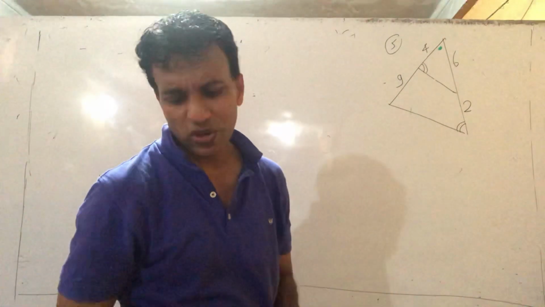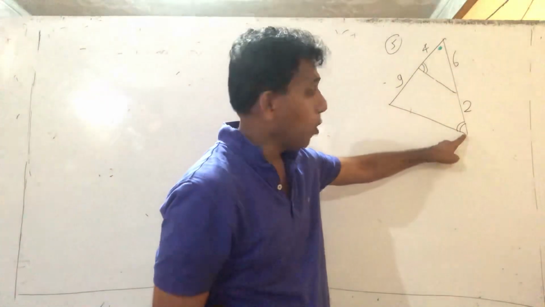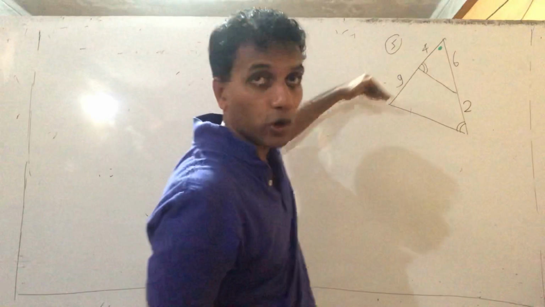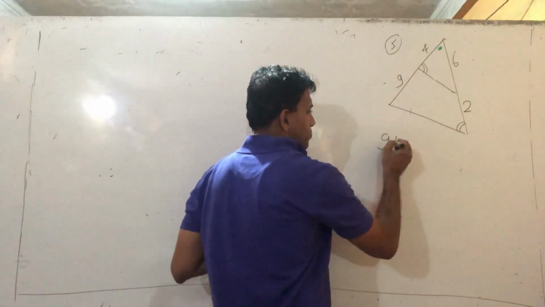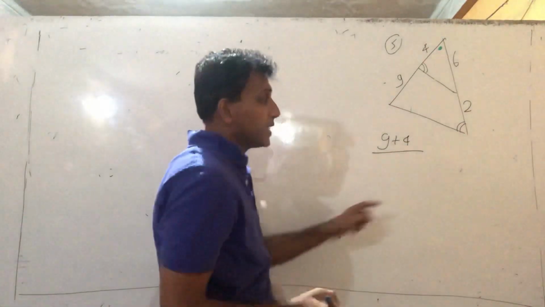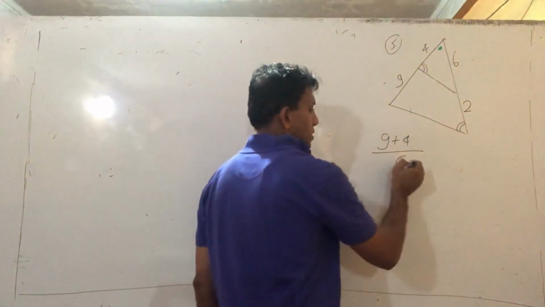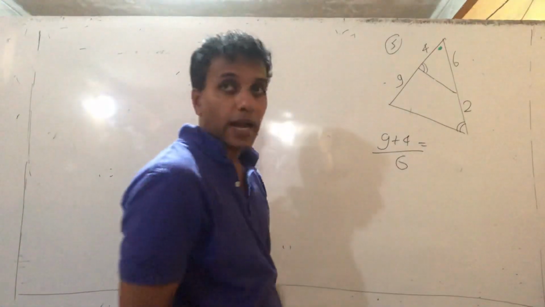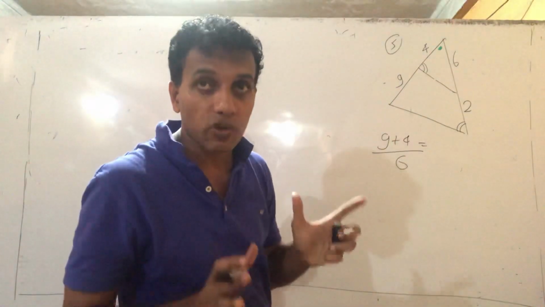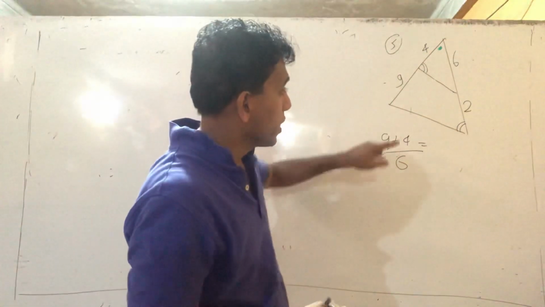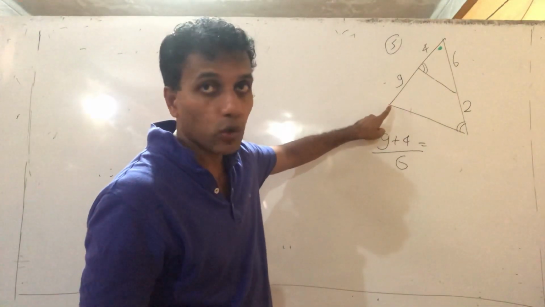So write the ratio. I take this angle first. Opposite, the big triangle side: G plus 4 over this, equal to this opposite 6. Next take another suitable angle, with the numerator from the largest triangle, right? Next one, this third angle, not marked, is automatically equal, right?